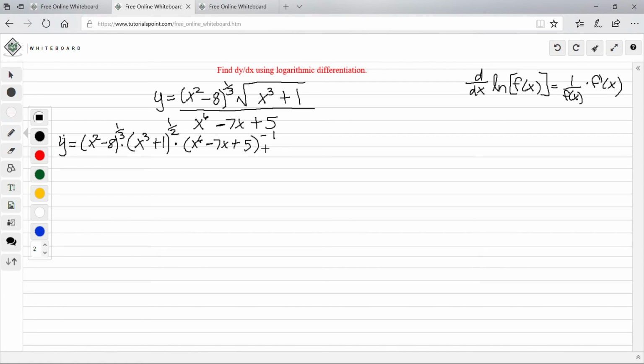And then the first step is to take the ln of both sides.